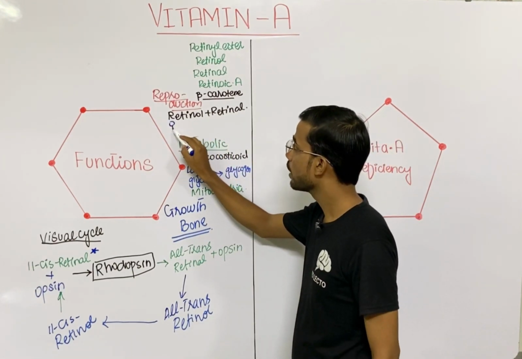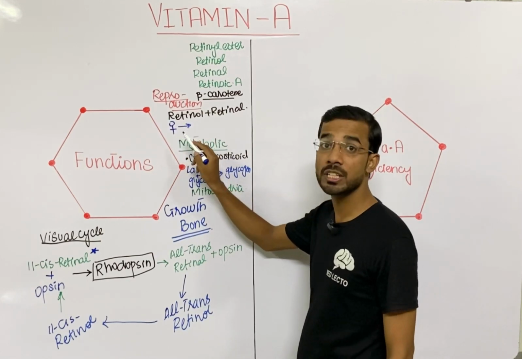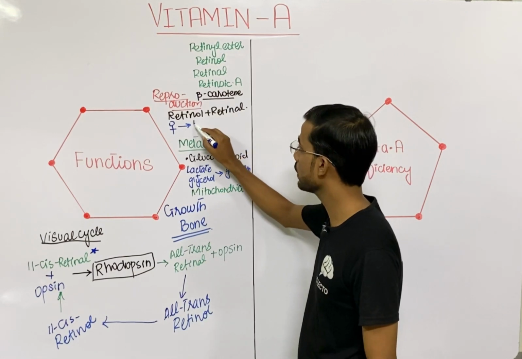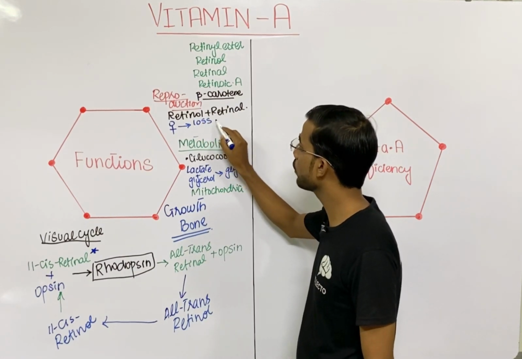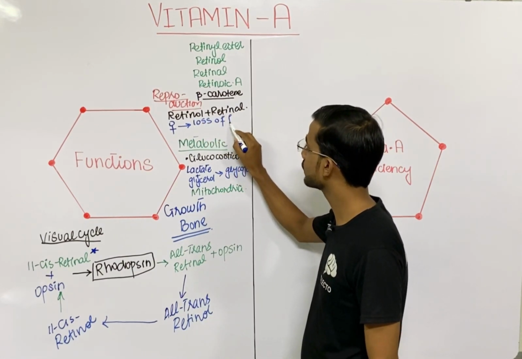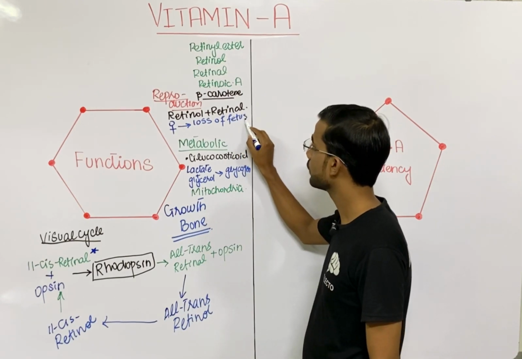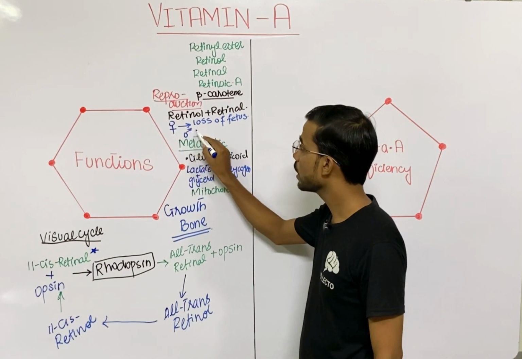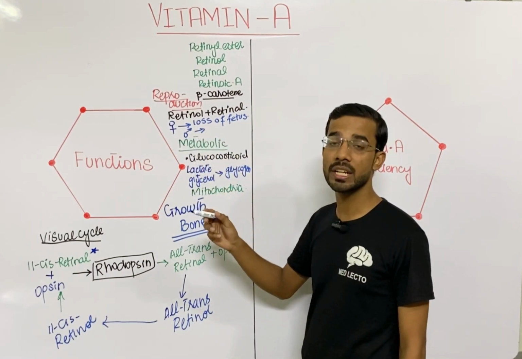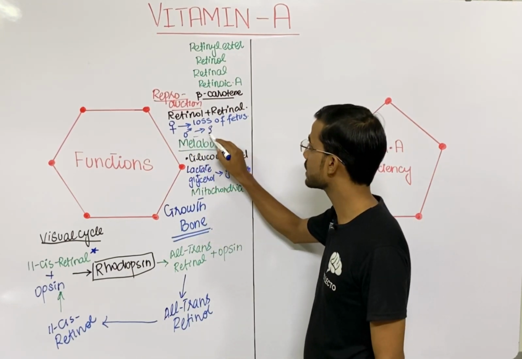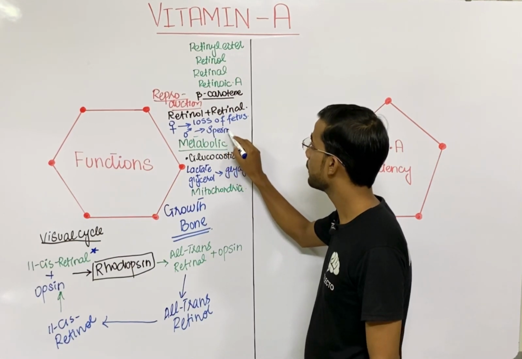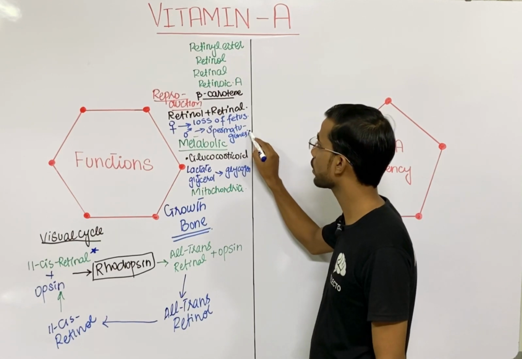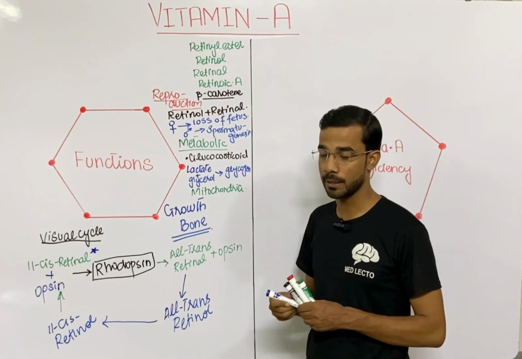In females, it prevents the loss of the fetus in pregnancy. That is the most important. And in males, vitamin A is important in spermatogenesis. Here is another important function of vitamin A.